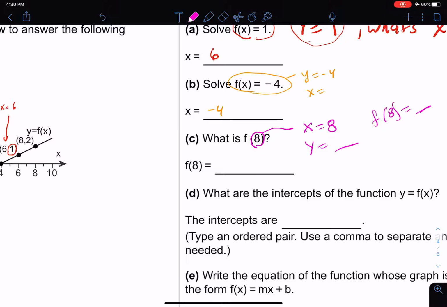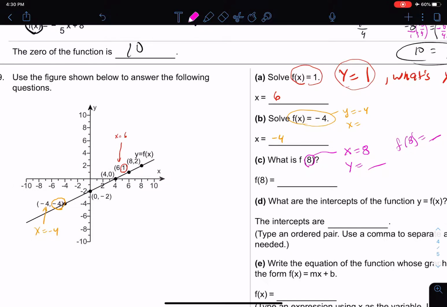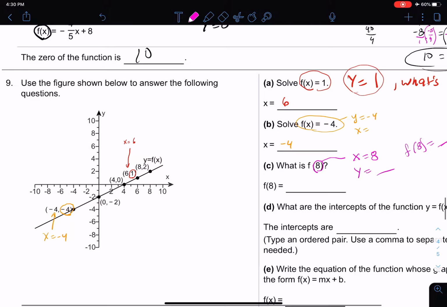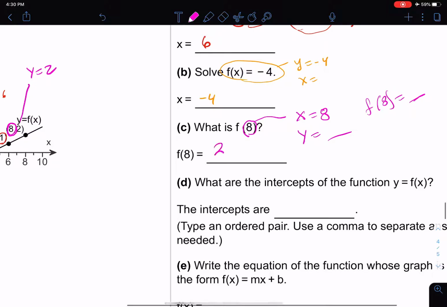F of 8 equals the y value where x is 8. So let's go find where x is 8 and find its partner. So x equals 8 happens to be right there. What is the y value that goes with it? 2. So f of 8 equals 2.